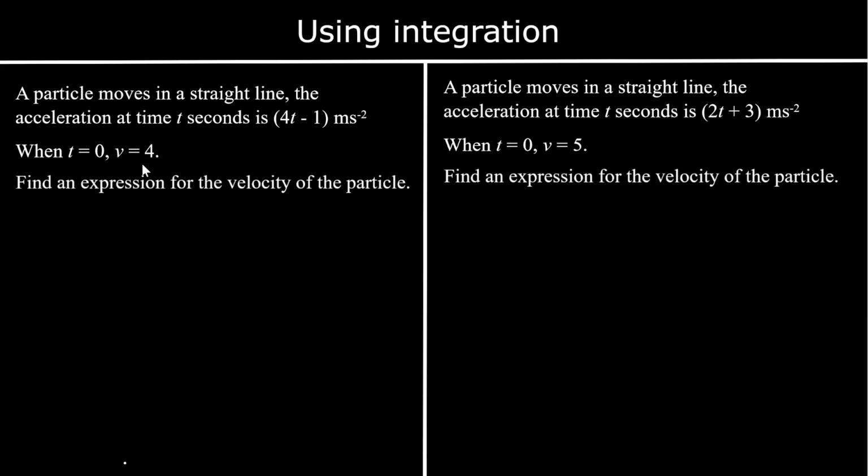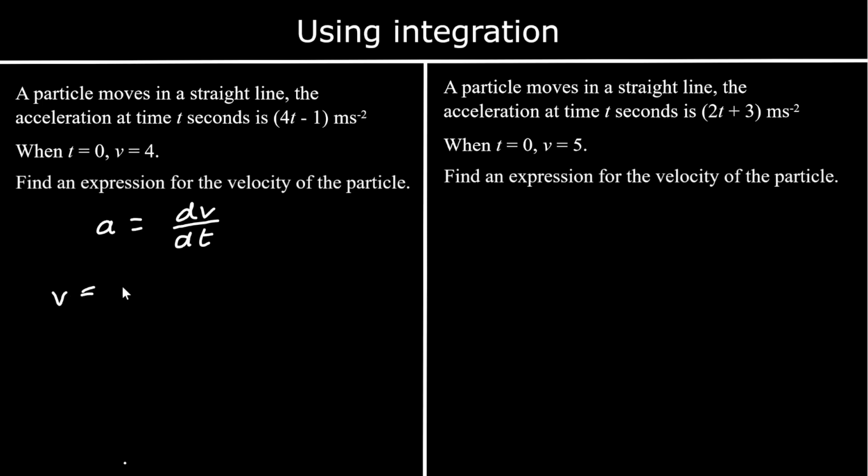So just the same, when we had velocity and we wanted to find acceleration, we differentiate. Acceleration is the rate of change of the velocity. If we want to go backwards, the opposite of differentiation is integration.